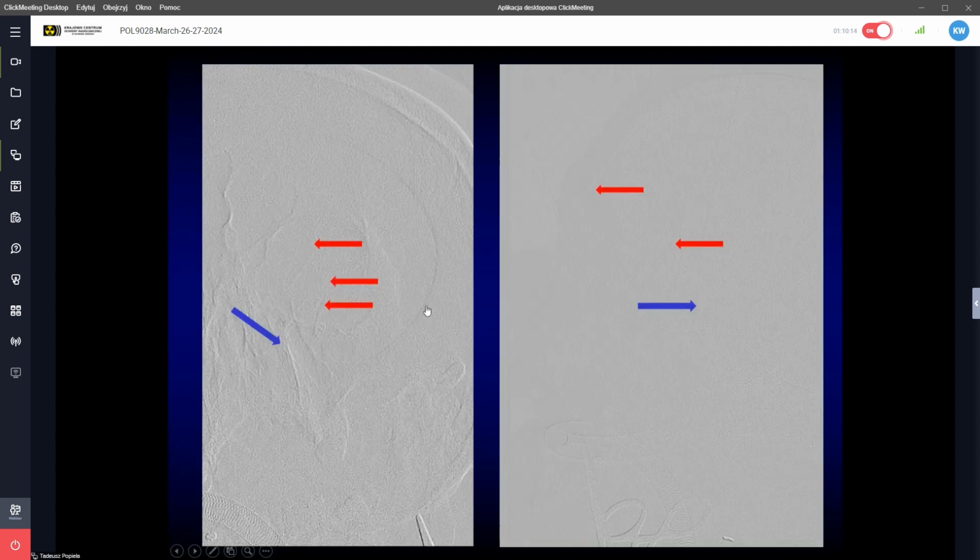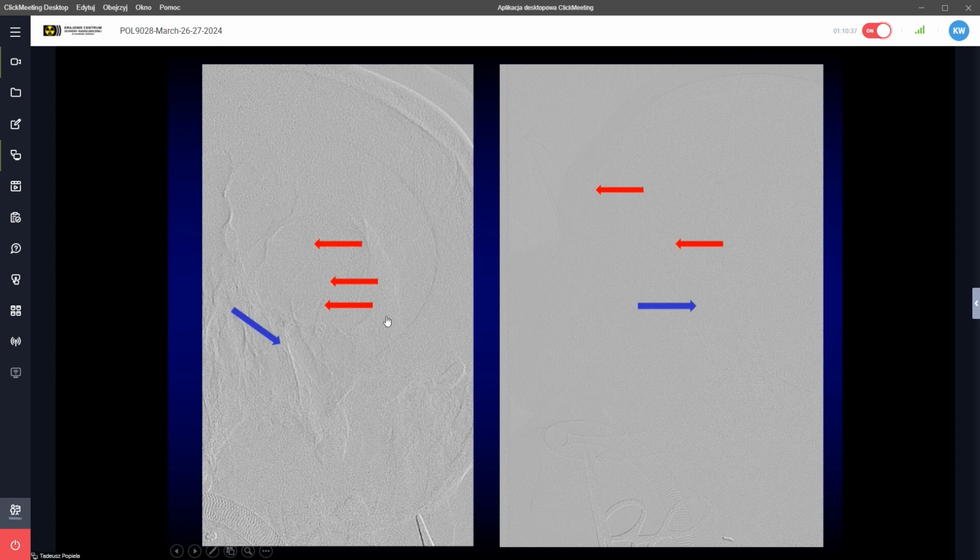Another case is the carotid cavernous fistula. I am talking about it because sometimes we need to stand really near the X-ray tube while using the X-ray, and the dose is going up. What is the carotid cavernous fistula?